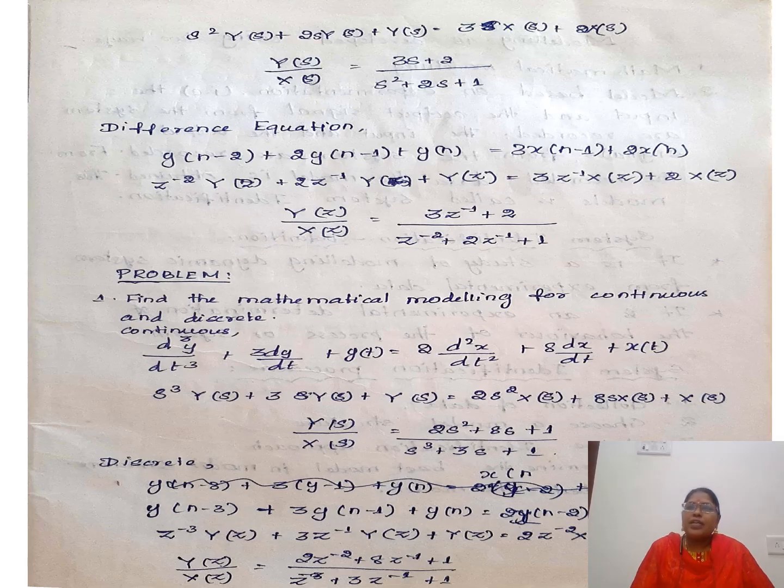So from this, what we can understand is, for a continuous system you find the model by taking output by input using the Laplace transform, but for a discrete system, you have to take the z transform to find the transfer function, represented by Y(z) by X(z). So you will get one model.